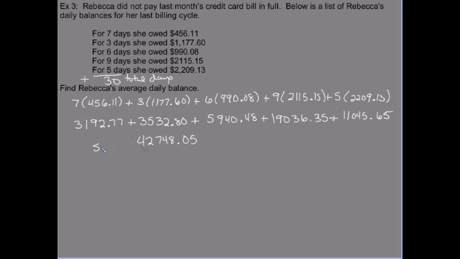So we take the sum and we divide it by the number of days. So 42,748.05 divided by 30. So this gives her an average daily balance of 1424.94.